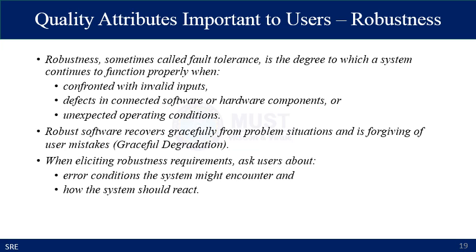So your system should be robust enough that if the user misuses it, there is no loss of data and no crashing of your system. It also should work properly when there are defects in connected software or hardware components and unexpected operating conditions.